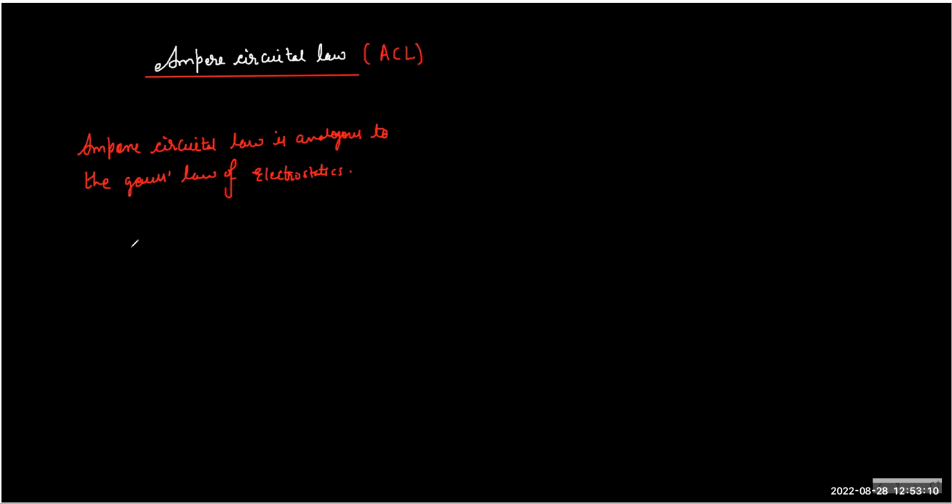So what this says is that mathematically, the line integral over any closed contour or loop is always equal to mu naught times I enclosed.